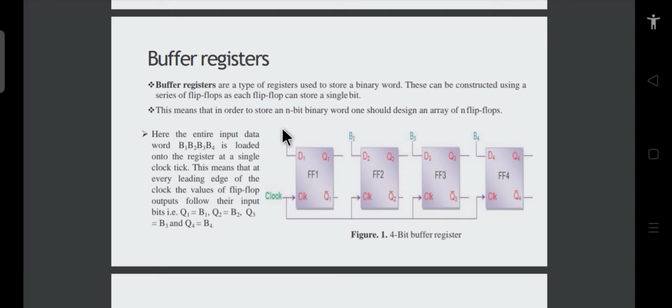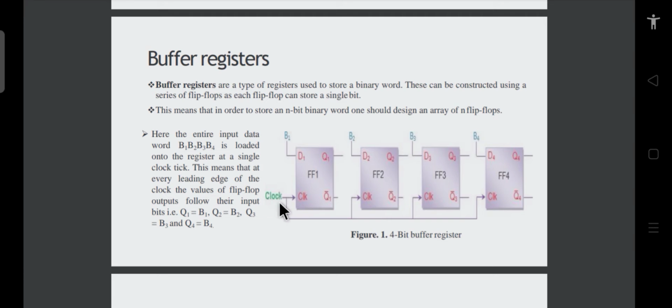When the input gets transferred to the output, we say the flip-flop is loaded, or the register is loaded with a certain input bit. When the clock is 0, the flip-flops will not be loaded; they will be inactive.